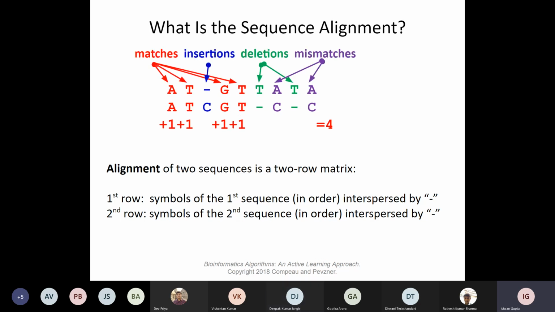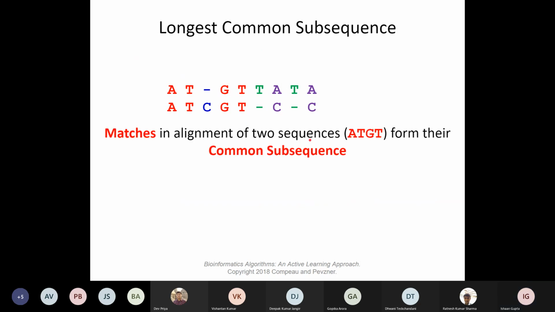So again, just to remind you, whenever two letters, two alphabets of two strings match, they align with each other. These are called matches. Whenever there's an insertion, that is, a new base or nucleotide or amino acid, it is called an insertion. And if an amino acid or nucleotide is missing, these are called deletions. And these other locations are called mismatches. All right.